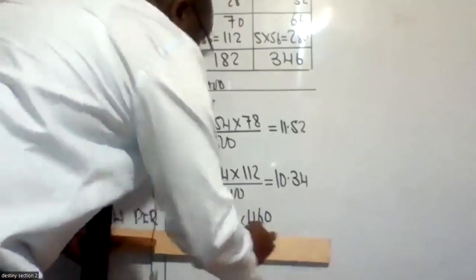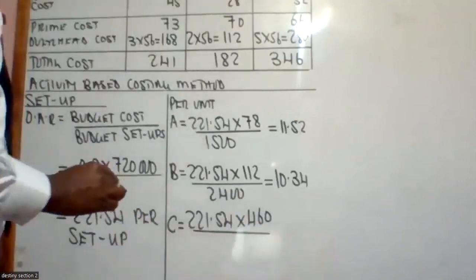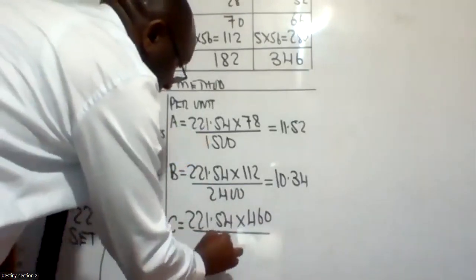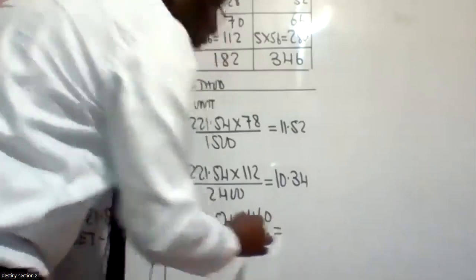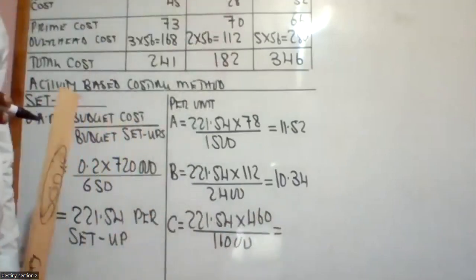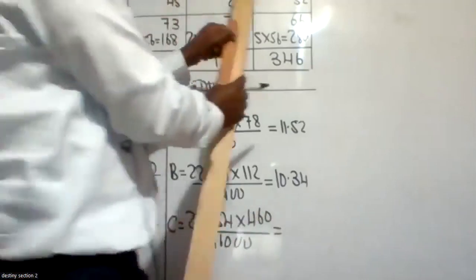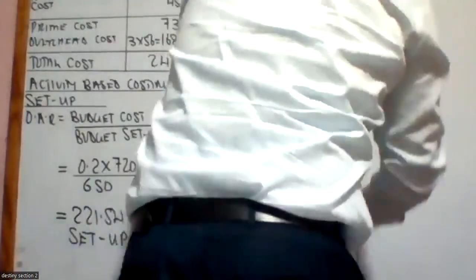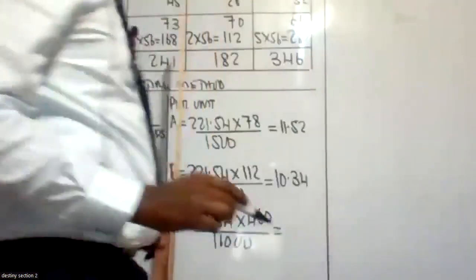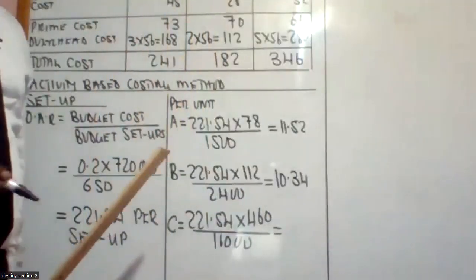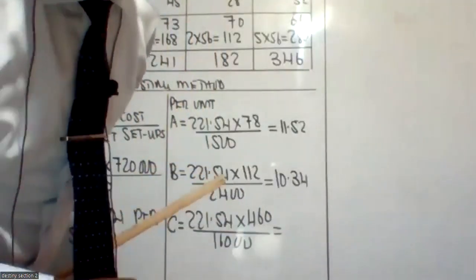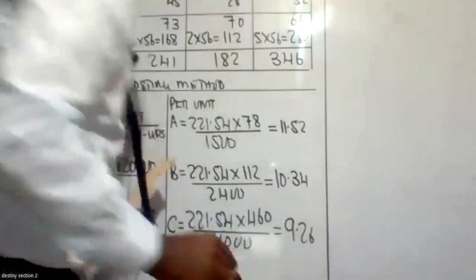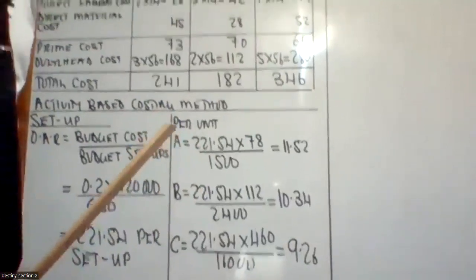You divide by the number of units, which we are told are 11,000. $9.26.